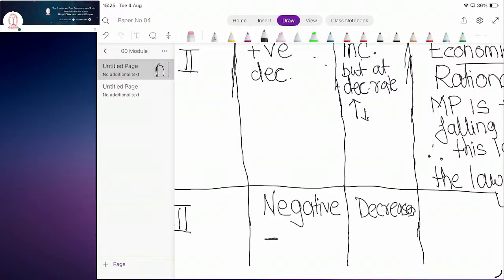Okay, in short form, negative and decreases. Correct? It is negative and decreases.